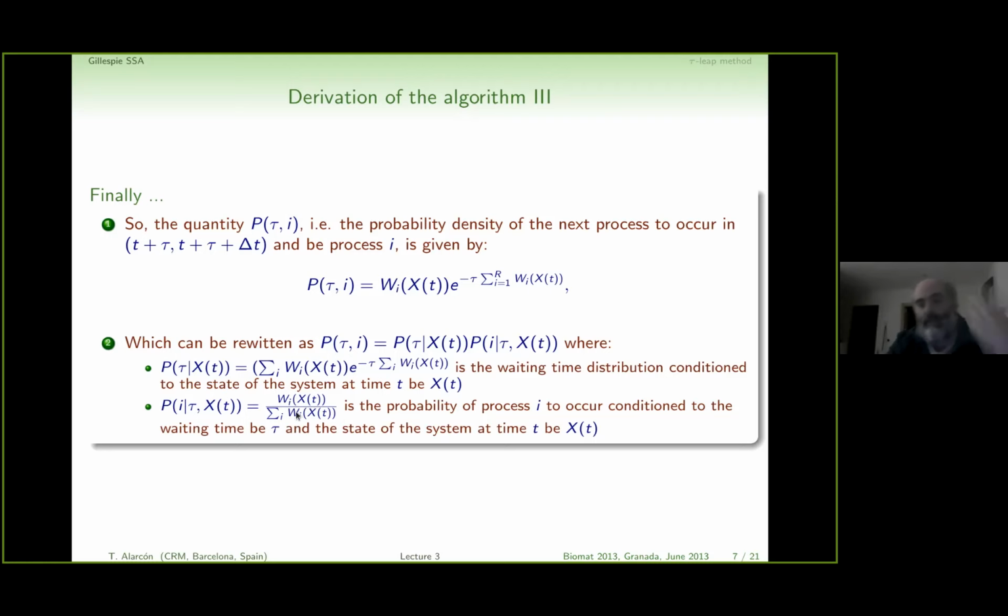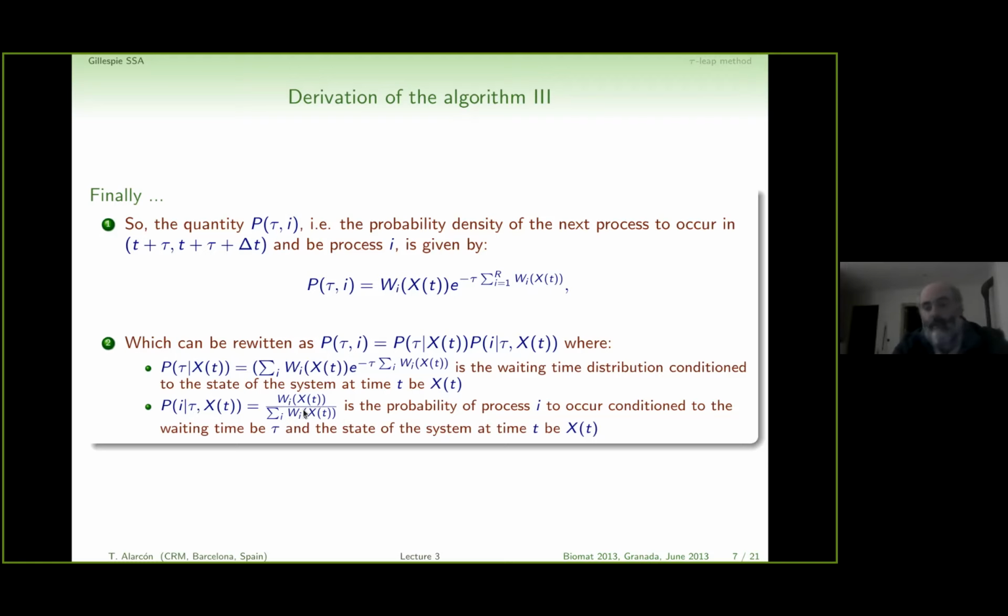Okay, so for example, if you recall the examples that we looked at in the first lecture, where we were looking at birth and death. There you had only two events that could affect the state of your system: birth, that adds one individual to your population, and death, which removes one individual from your population. So in that case, I could be either 1 or 2, birth or death.